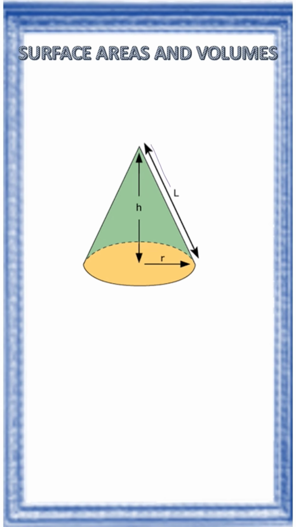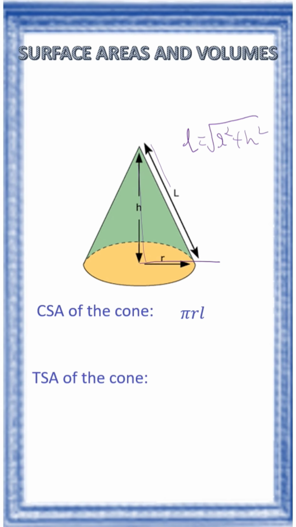Here slant height, height and radius are given. Curved surface area of the cone is pi rl. If we are not given l, given only h and r, l is equal to square root of r square plus h square. TSA of cone is pi r into r plus l. Volume of the cone is 1 by 3 pi r square h.